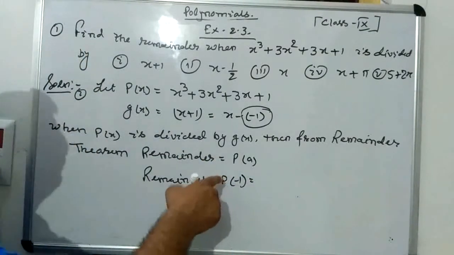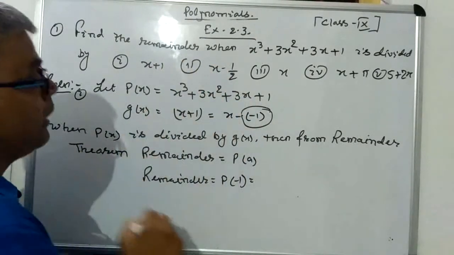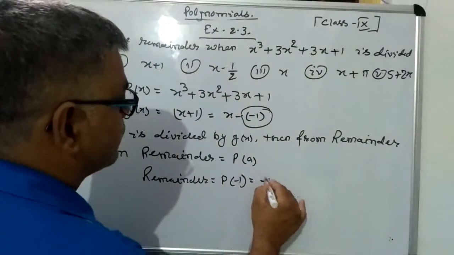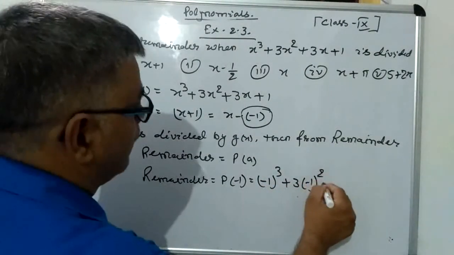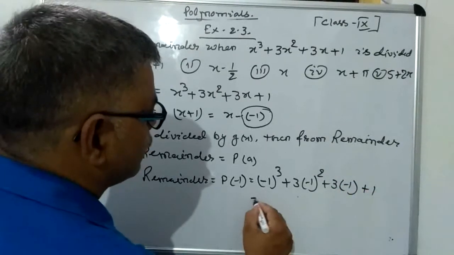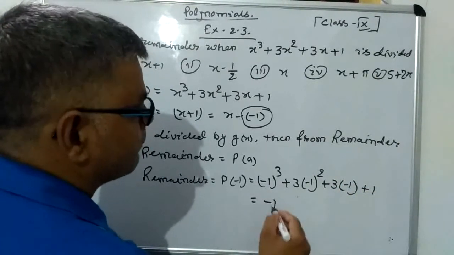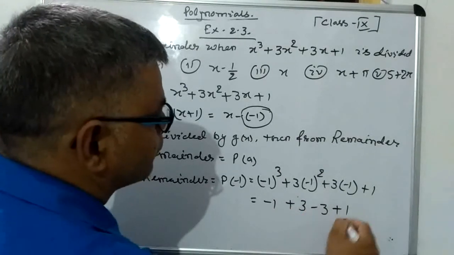And now you substitute -1 for x in the given polynomial. So it will be (-1) whole cube plus 3 into (-1) square plus 3 into (-1) plus 1. And see, you simplify it, it will be -1 plus 3 minus 3 plus 1.